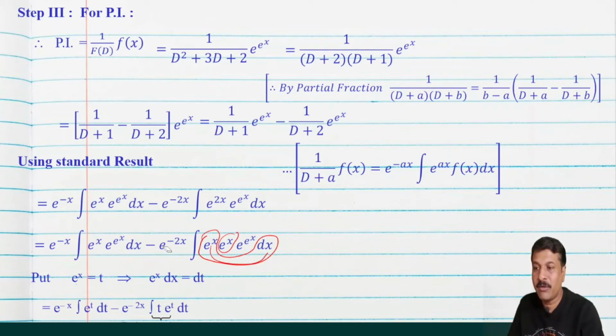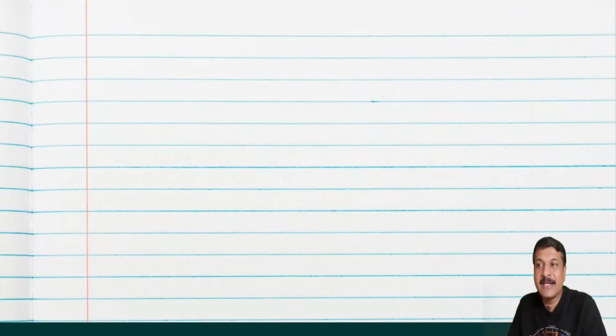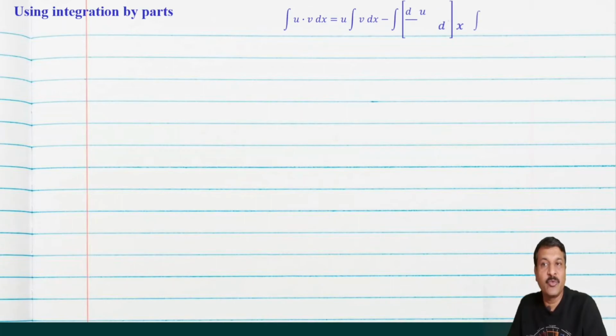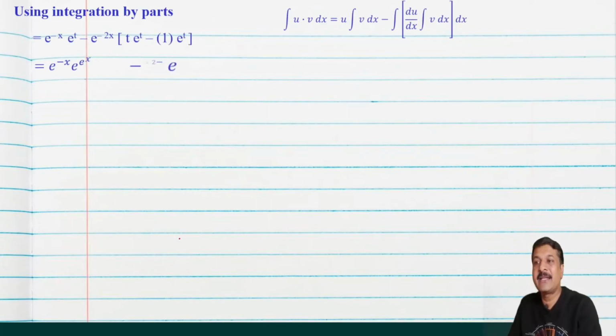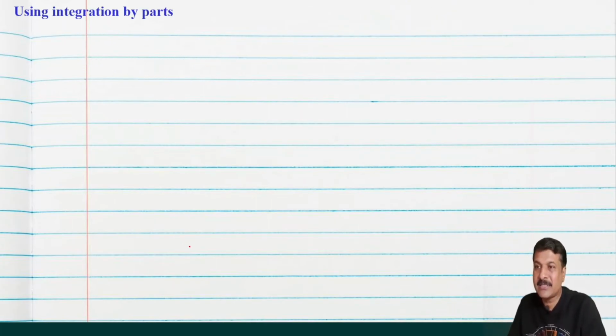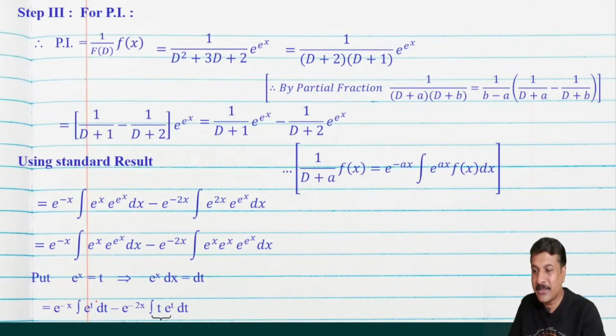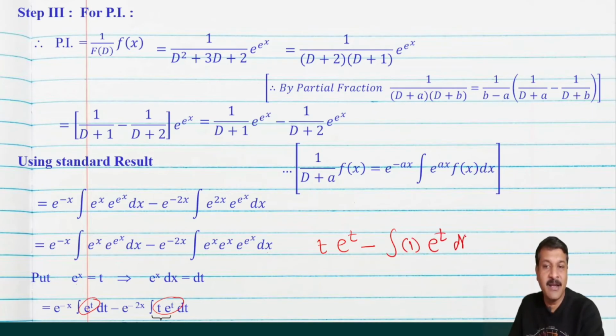Now how to evaluate it? In the second term, t into e raised to t, use integration by parts, the uv rule. First, the first function as it is, integration of second, minus integration of derivative of first into integration of second, dt.